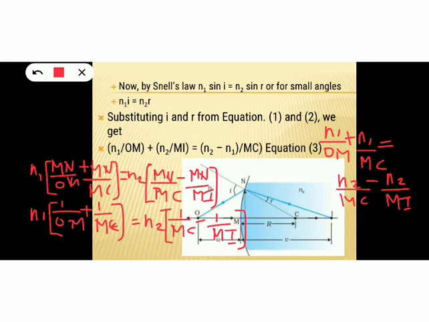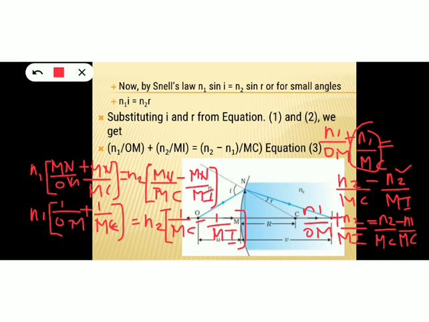Now bring this n2 by MI to LHS. Minus n2 by MI, bring it to LHS. So it will become n1 by OM plus n2 by MI equal to, bring this plus n1 by MC to RHS. So we will get n2 by MC minus n1 by MC.